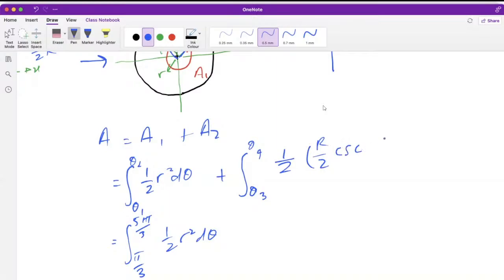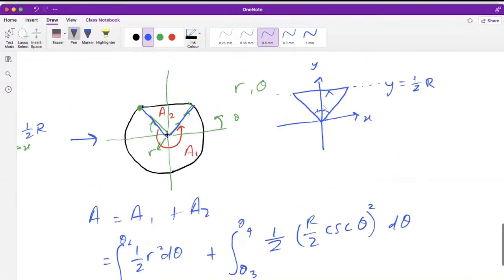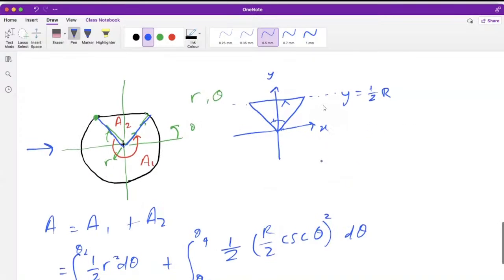So this is where it gets quite messy here. Cosecant theta square and then d theta. Remember, all this is just because of the transformation between the Cartesian coordinates and polar coordinates.